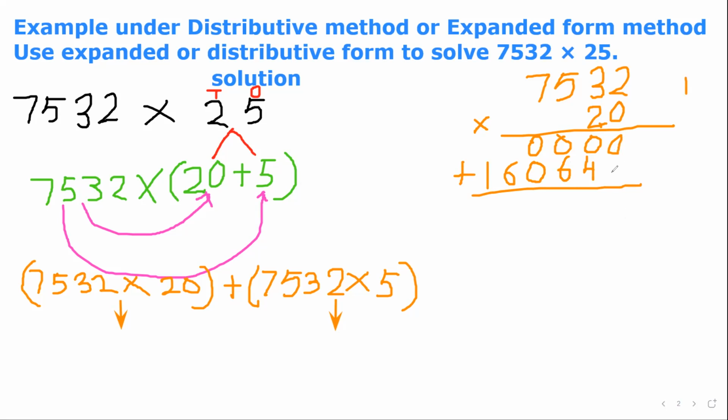The 0 here plus empty here is 0, and here is 4, and here is 6, and here is 0, and here is 6, and here is 1. Okay, good, which is 160,640. Okay, so you are going to write it here.